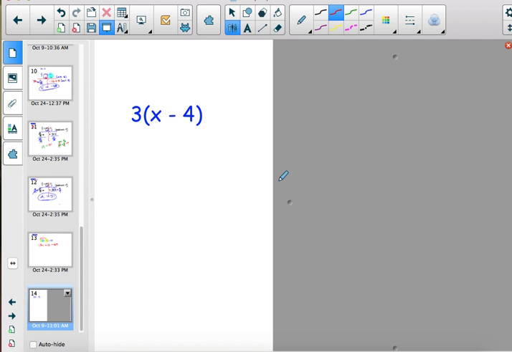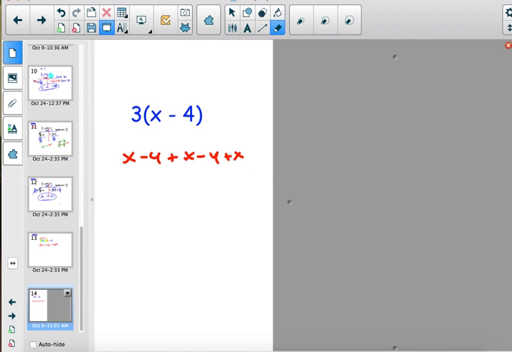This literally means 3 sets of x minus 4, that's 1, plus x minus 4, that's 2, plus x minus 4, that's 3. You guys literally see? That's 3 sets of x minus 4.